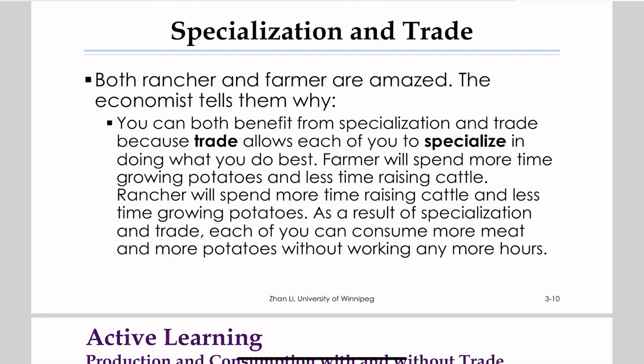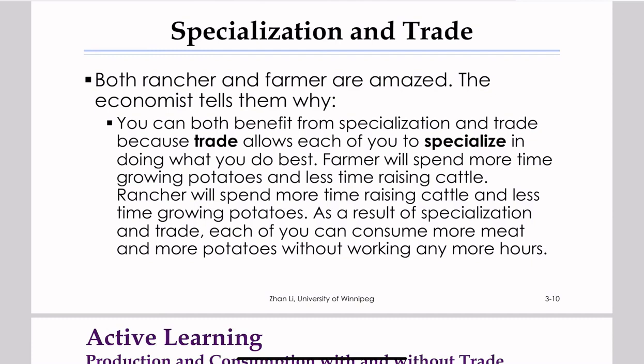The farmer will spend more time growing potatoes and less time raising cattle. And the rancher will spend more time raising cattle and less time growing potatoes. So because of the specialization and the trade, each of these two people would actually consume more meat and more potatoes without working more hours.